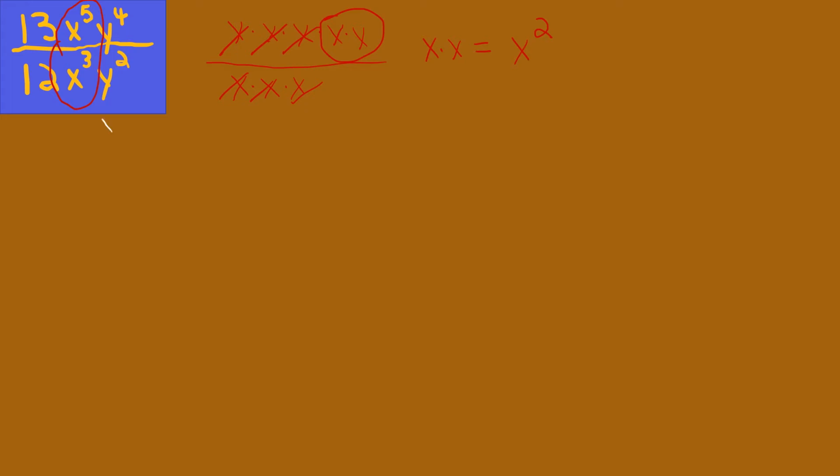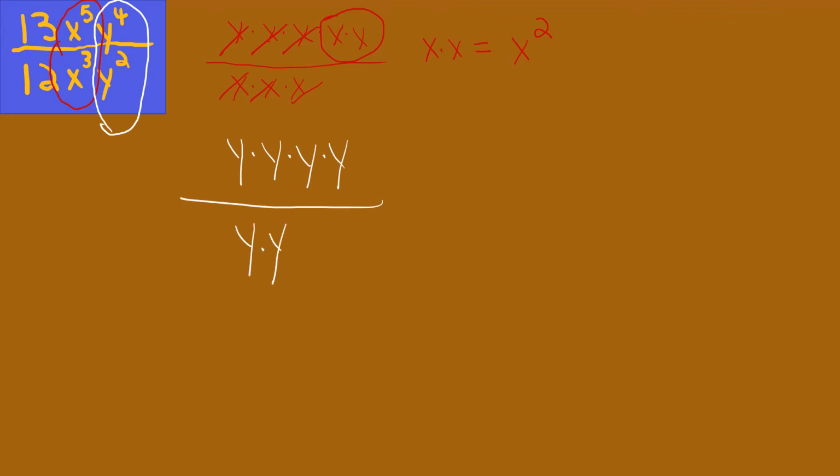Same thing for y to the fourth over y to the second. y times y times y times y over y squared. We have two down here, so let's cross out two up here. And what do we have left?